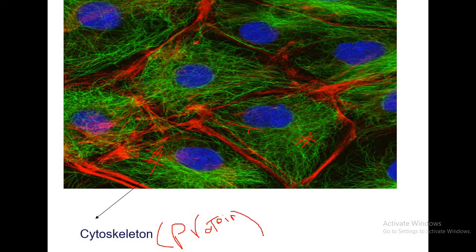The function, or the activity, of the cytoskeleton is to support the cell, the green filament, this one. The cytoskeleton gives the shape to the cell and also supports the cell. This is called function. That's it.